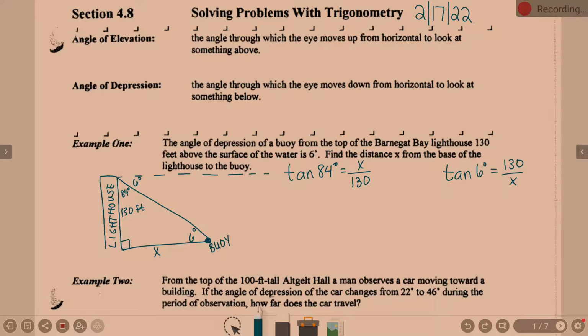Just do it right. So here, if this is x divided by 130, we'll go ahead and use Jacob's here. Tangent of 84 equals x divided by 130. If it's x divided by 130, we need to multiply by 130. And so x is going to be 130 times the tangent of 84 degrees.